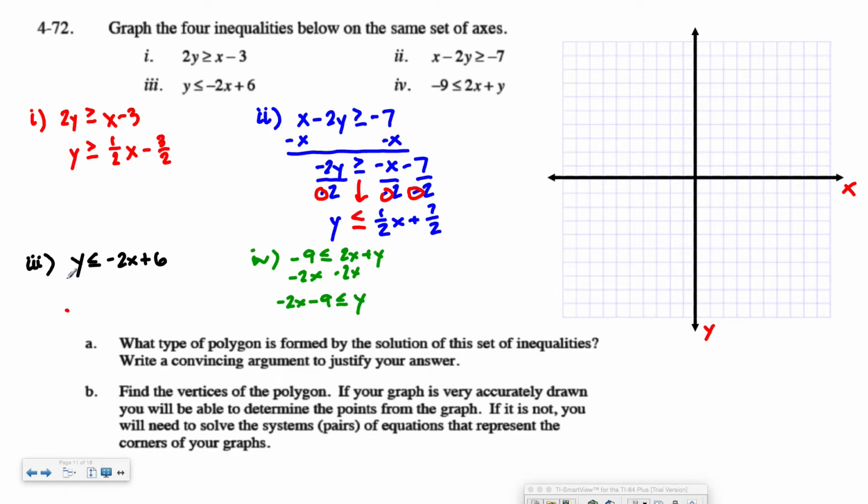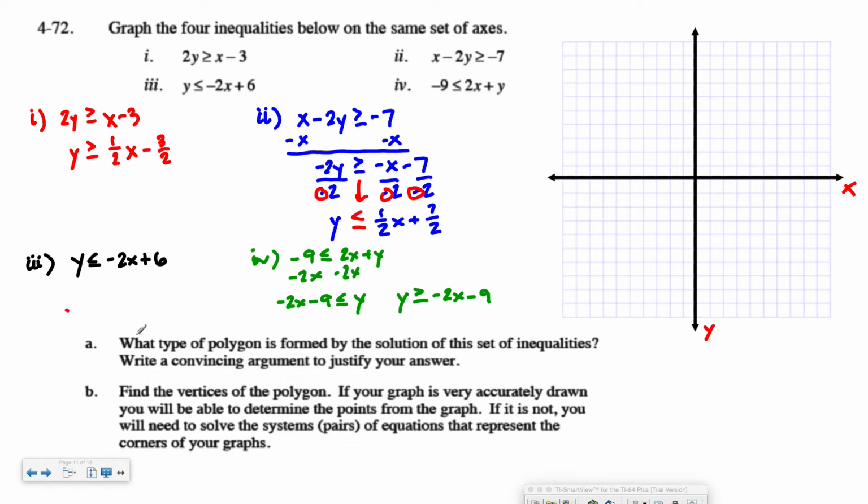Now if I want to rewrite that so my y is on the left side, I know a lot of people are more comfortable seeing it that way. Notice this is open towards y, so we're going to open it this way. It's the same thing as saying y is greater than or equal to -2x minus 9.